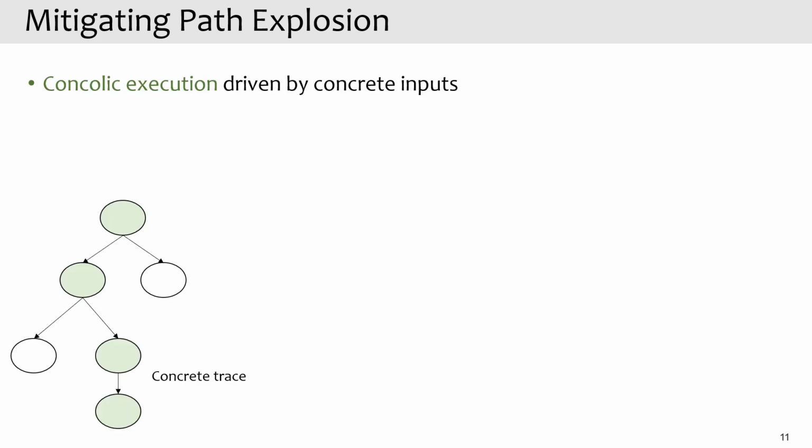To mitigate the path explosion problem, we propose several solutions. First, we design our approach as a concolic execution engine driven by concrete inputs, so that the symbolic execution engine only needs to explore the relevant paths close to the concrete traces.